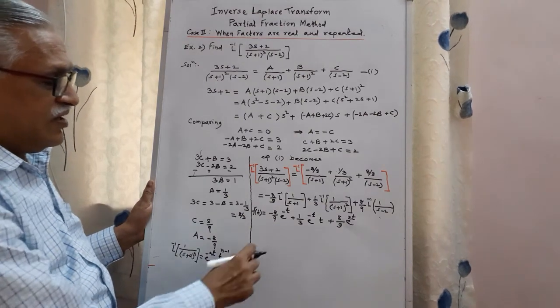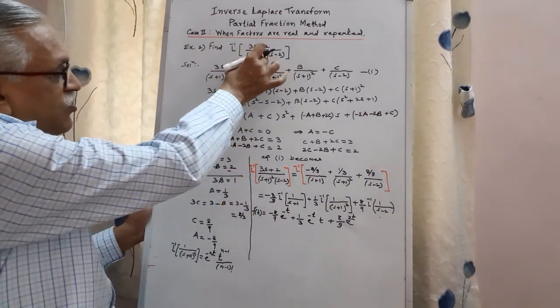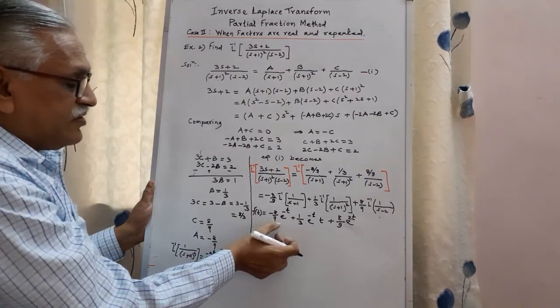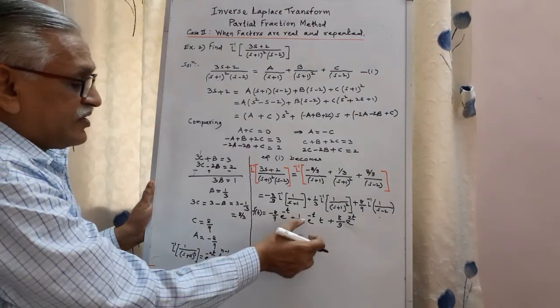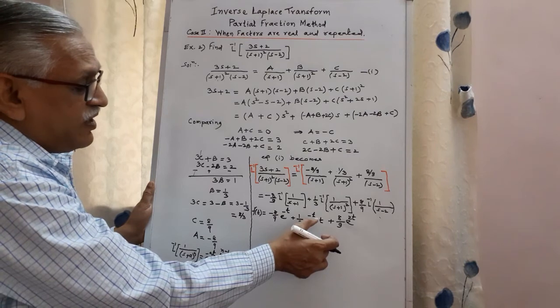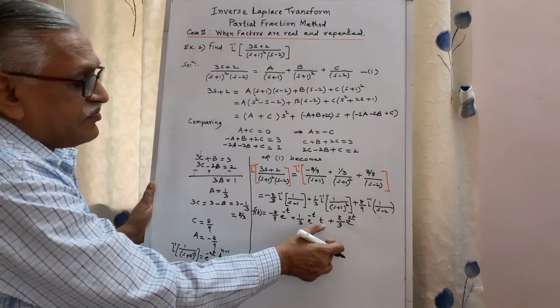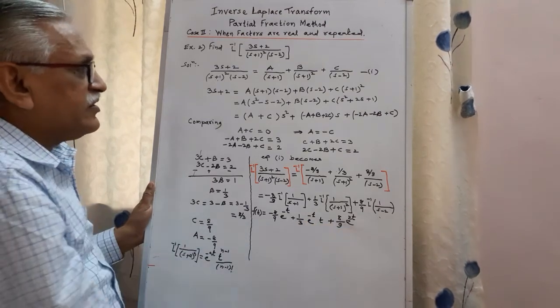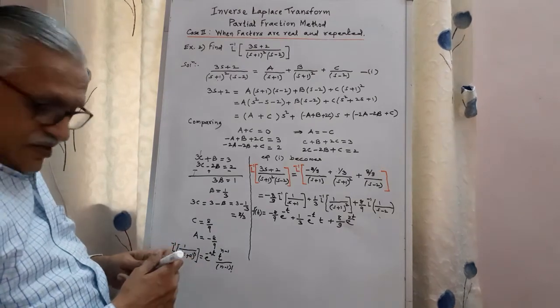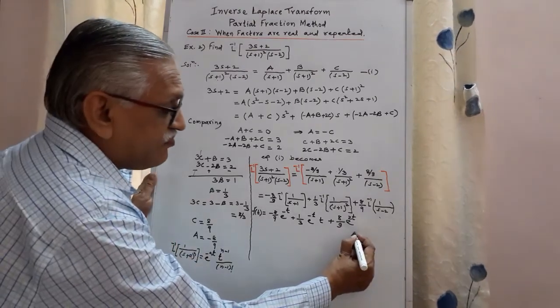Therefore the inverse Laplace for this is minus 8 by 9 e raised to minus t, minus 1 by 3 e raised to minus t into t, plus 8 by 9 e raised to 2t as the required answer.